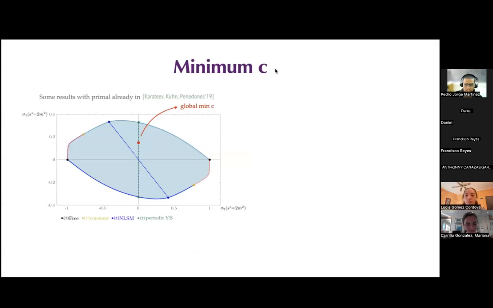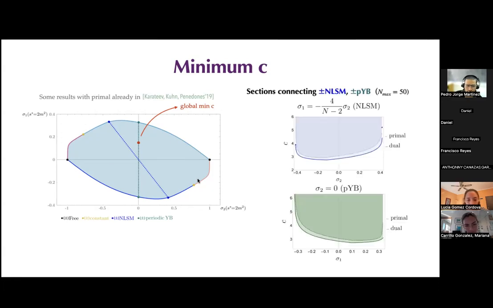So for instance, if we minimize C, the central charge for the stress tensor, the global minimum on this monolith that I was showing before sits here. This is for n of ON equal to 7, but you can do it for various n's, and you see it's always on this line here. And you can also minimize on the full surface here or in some sections.